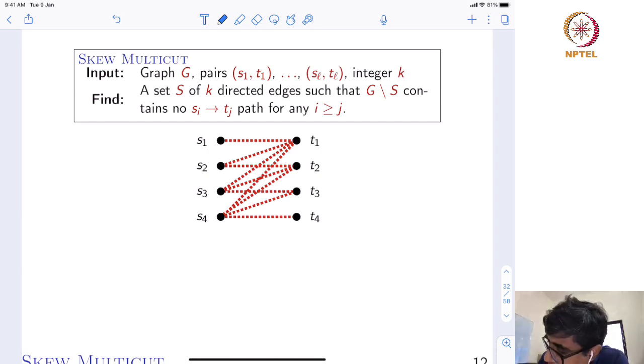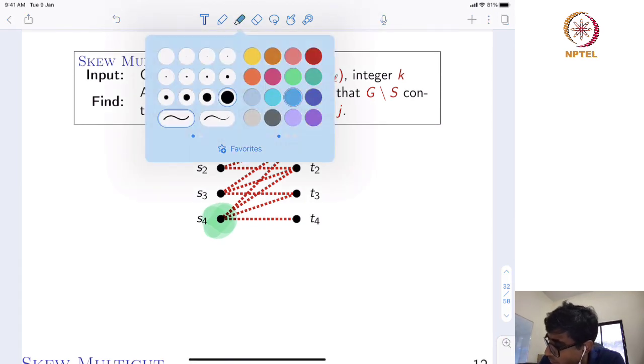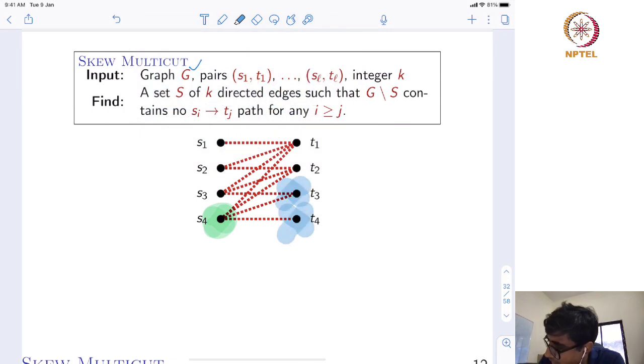You are given a graph G, pairs S1, T1 through SL, TL as before, and an integer K, but you are looking for a set S of directed edges such that G minus S contains no SI-TJ path for any I at least J. What is the meaning of this? Look, S1 should not have a path from S1 to T4, T3, T2, T1.